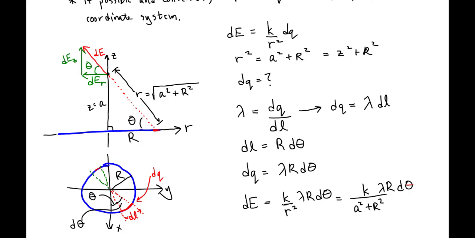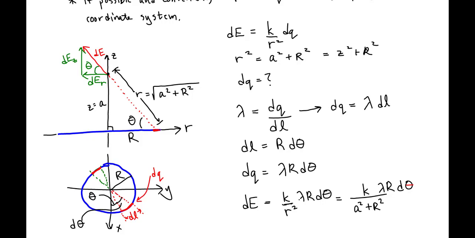That mirror charge element has its own amount of charge that is equivalent to the infinitesimally small charge on the other side. The only difference is on the opposite side of the origin. And because of that, the electric field due to that mirror charge is going to be a mirror image of the electric field due to our original charge.